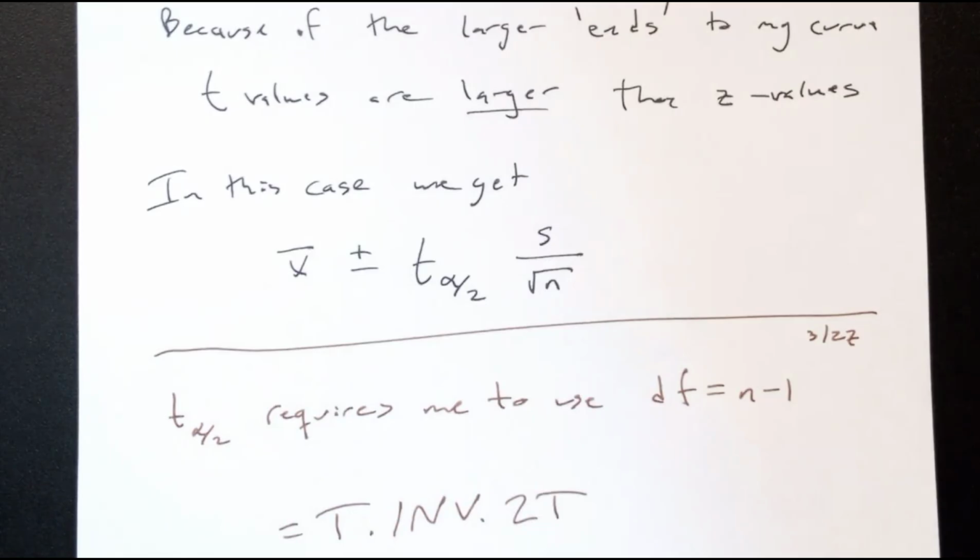Now, I actually need to give this two arguments. This command gets alpha, not alpha over 2, it gets alpha. So if I want to be 95% confident, I'm going to put 0.05 there, and then I give it the degrees of freedom.